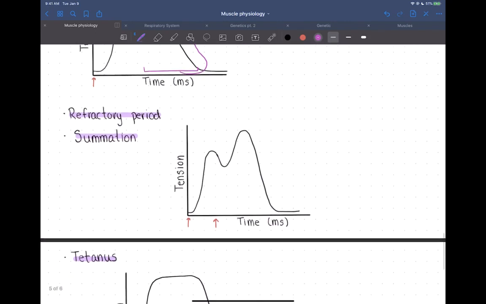This is the period of time right after the muscle is stimulated by an action potential when it cannot be stimulated again.